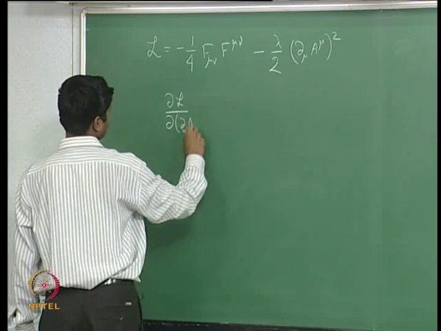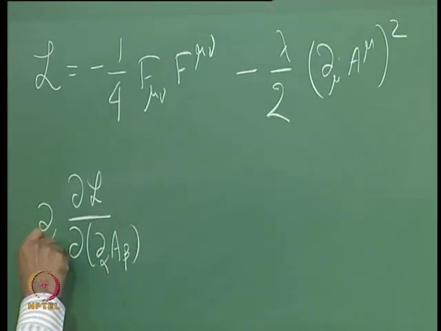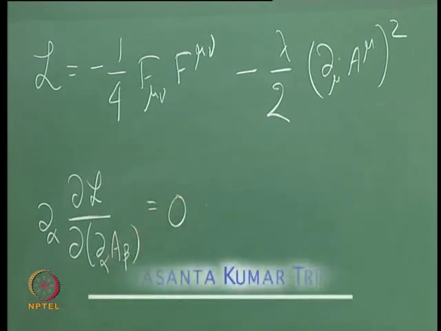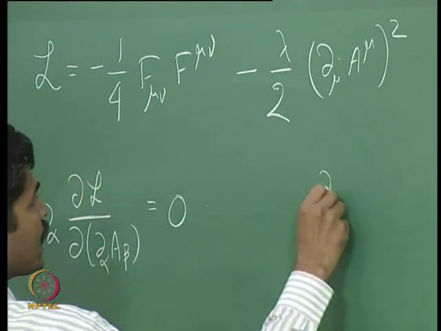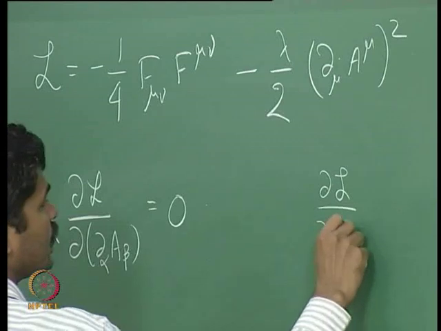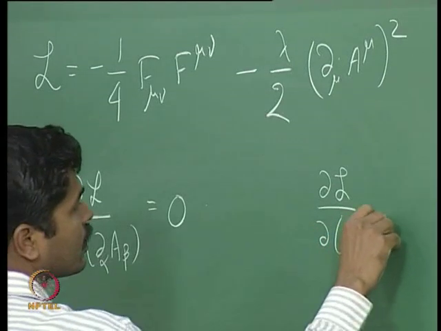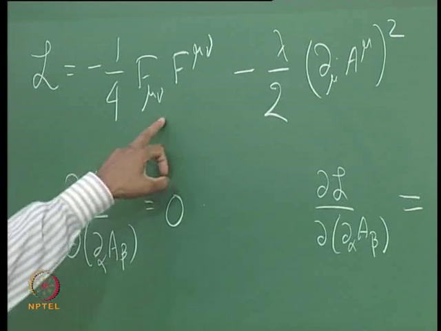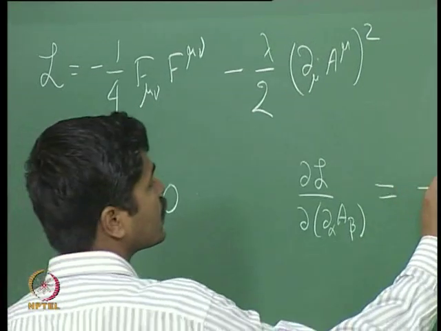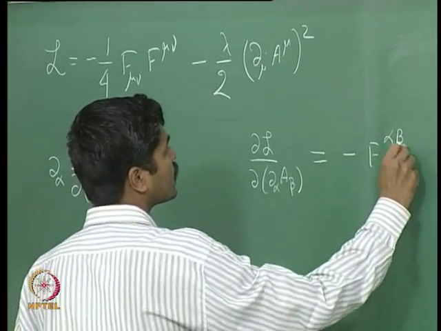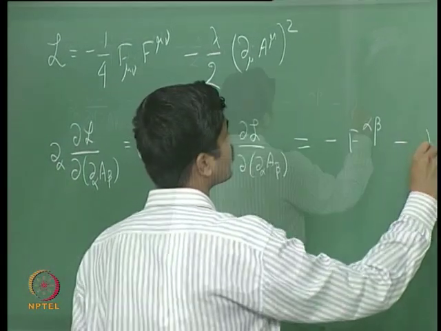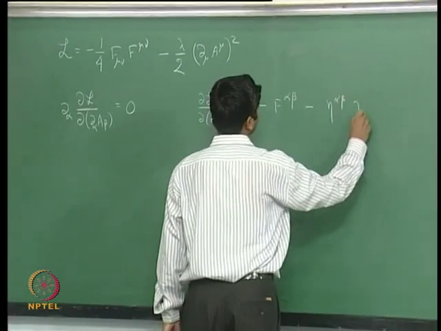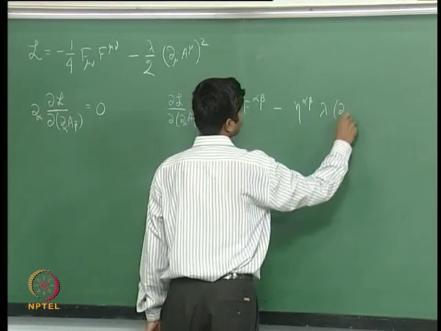del alpha of del L over del (del alpha A beta) minus del L over del A beta equal to 0. So, let us compute this quantity del L over del (del alpha A beta). This one will give me a minus F alpha beta, and this one will give me a minus eta alpha beta times lambda times del mu A mu.